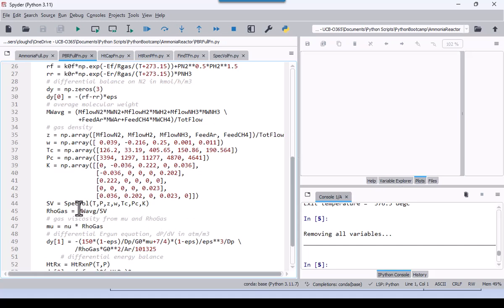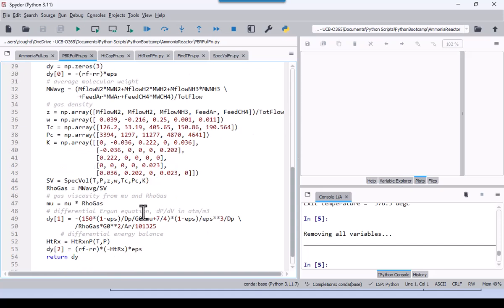And then we go and get the specific volume from a separate routine that we will show you, given all of this information here. And then the gas density is the average molecular weight over the specific volume. And then we have the viscosity being the intrinsic viscosity times the density of the gas.